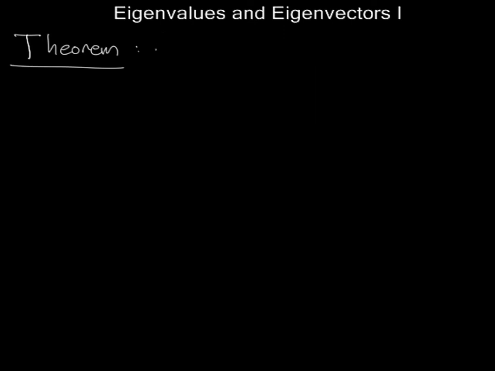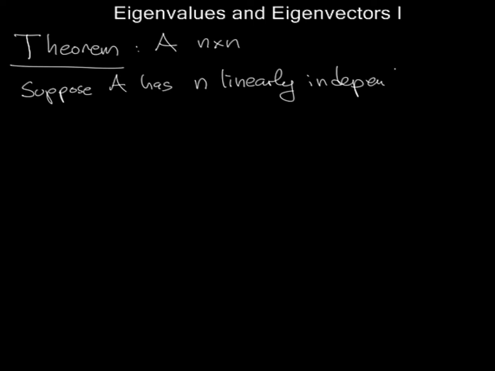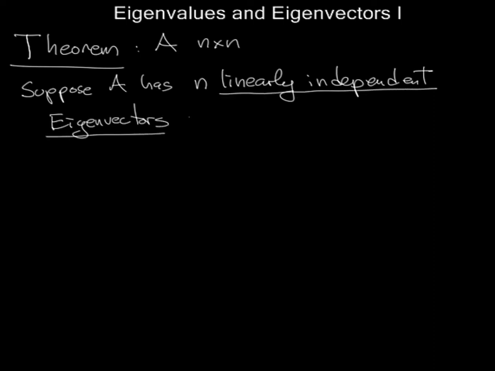And here's sort of the main theorem of all of this. Suppose you have an n by n matrix, and suppose A has n linearly independent eigenvectors. So let's call them v1 through vn, and write down their corresponding eigenvalues, lambda 1 through lambda n.